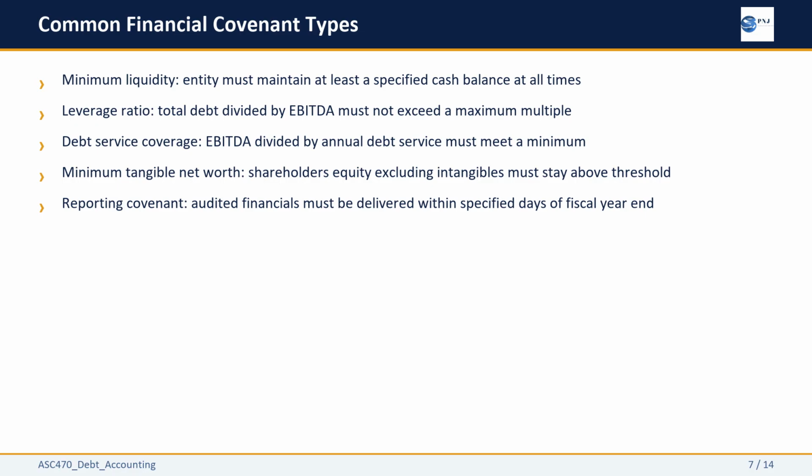Debt service coverage ratios test whether earnings can cover debt payments. Tangible net worth covenants protect the lender against equity erosion, and reporting covenants, often overlooked, can be violated simply by being late with your audit. Each of these can trigger reclassification.